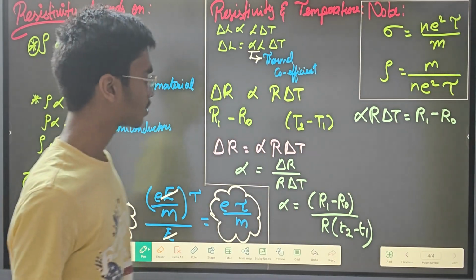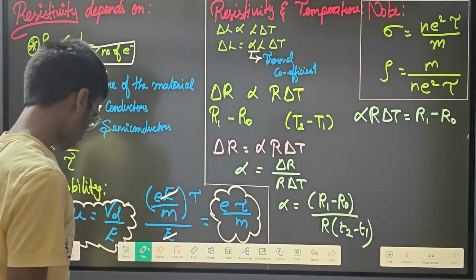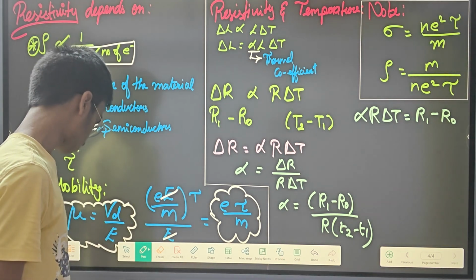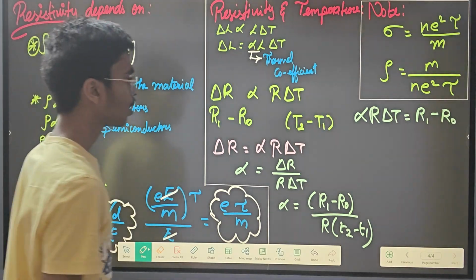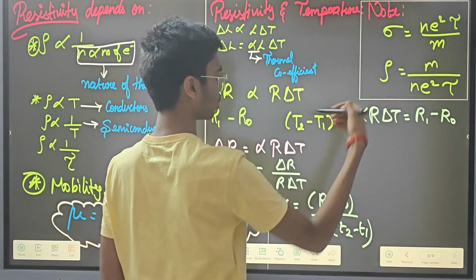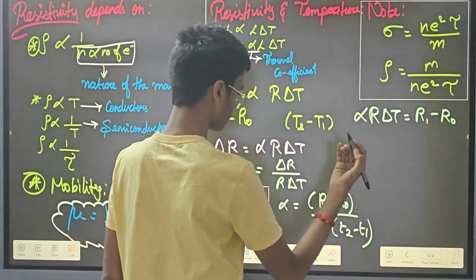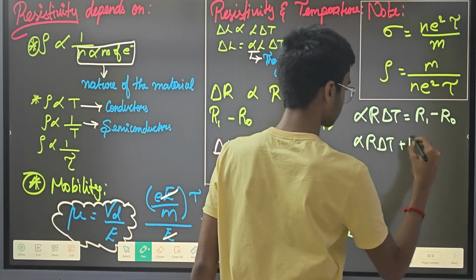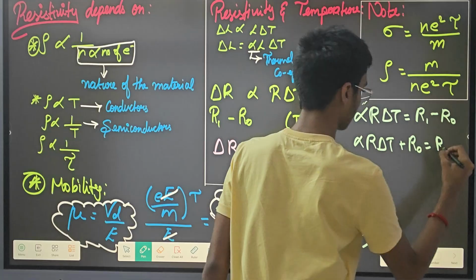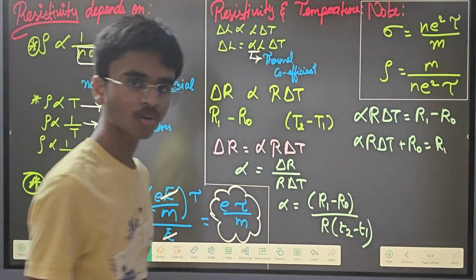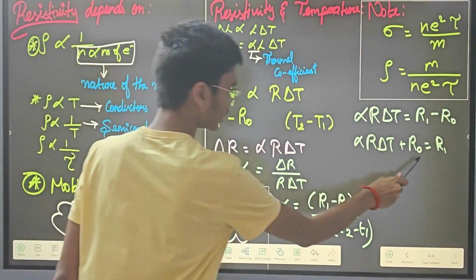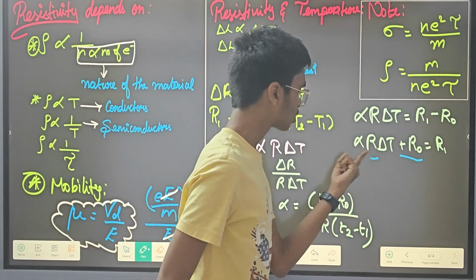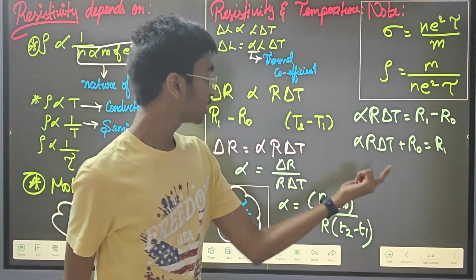If you want R2, I'll bring this R0 over here. That means alpha R delta T plus R0 is equal to R1. This R0 and this R are the same, because this is initial and this is also initial.